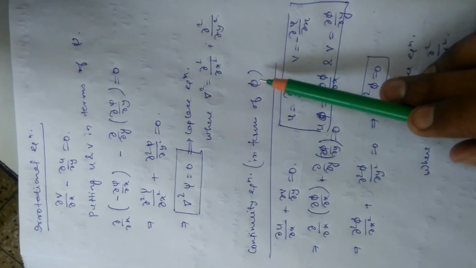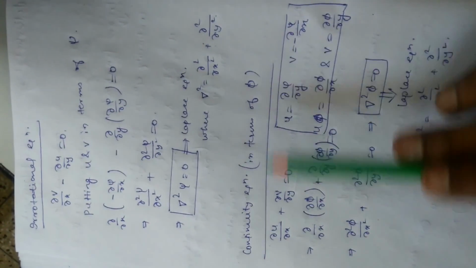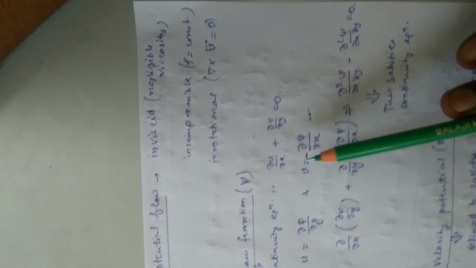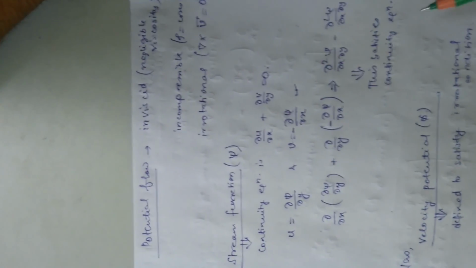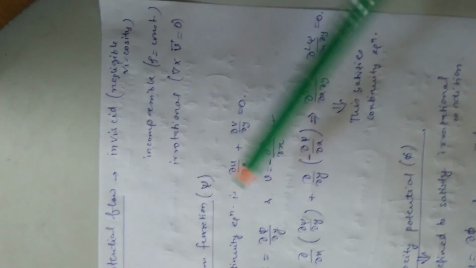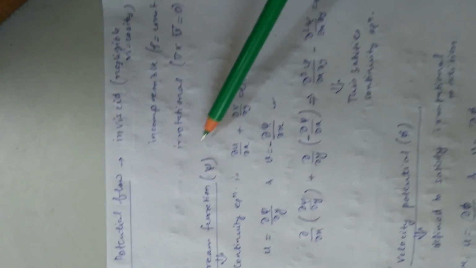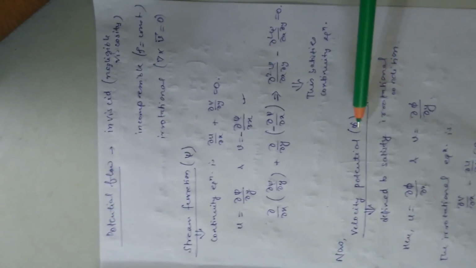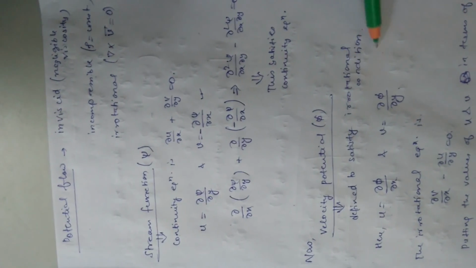Again, if we put u and v in terms of phi in the continuity equation, we will get the Laplace equation. But if we put the value of u and v in terms of psi in the continuity equation, we'll get the value 0. Means stream function has been defined in such a way such as to satisfy the continuity equation, and velocity potential has been defined in such a way such as to satisfy the irrotational condition.